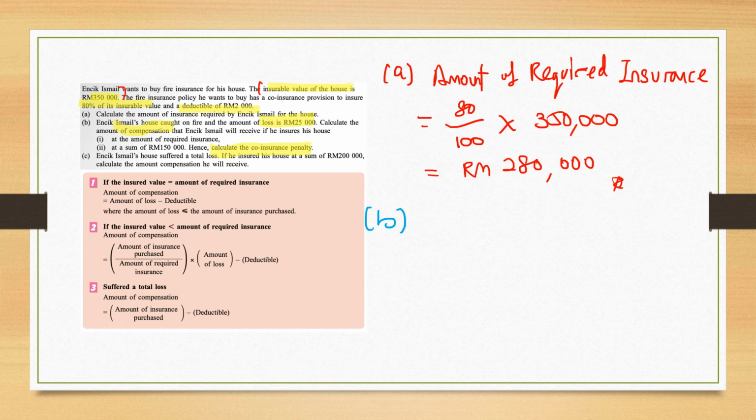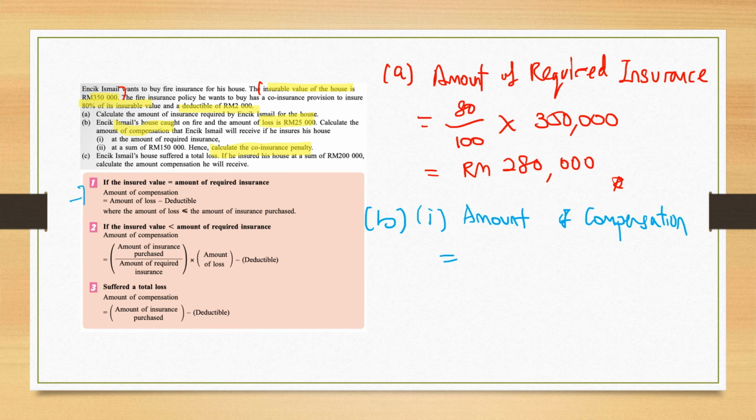So, for part B1, it says the amount of required insurance. That means it's scenario 1, where the insured value equals the amount of required insurance. So we take scenario 1 right here. The amount of compensation equals your amount of loss minus the deductible.